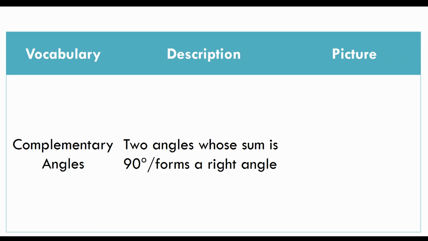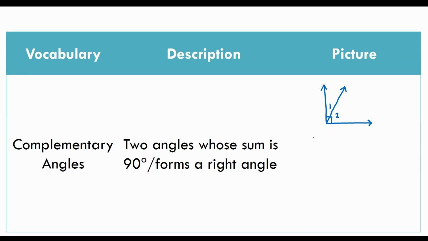We've seen a picture like this in the past, where there's maybe angle 1 and angle 2. As long as we know that we've got this right angle here, angle 1 and 2 are two angles forming that entire right angle.